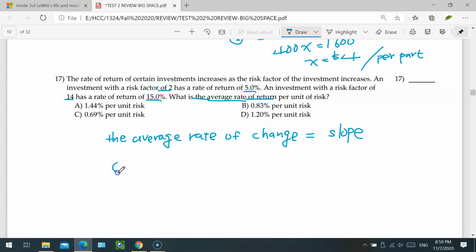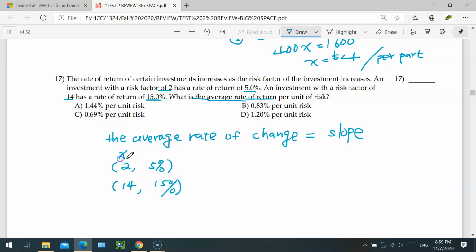The risk factor is 2, the return rate is 5%. When the risk factor was 14, the return rate is 15. Now we have 2 ordered pairs.